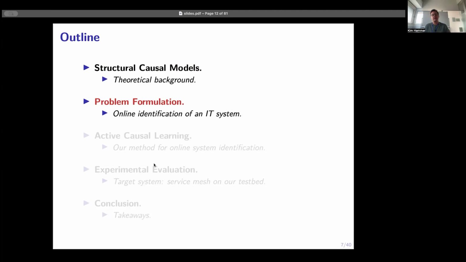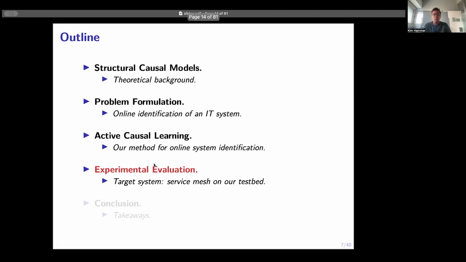And then I will present our method for solving that problem, which we refer to as active causal learning. After that, I will present a case study where we apply our method to identify a causal model of a service mesh that we run on our testbed. And finally, I will conclude and present the main takeaways of this research.